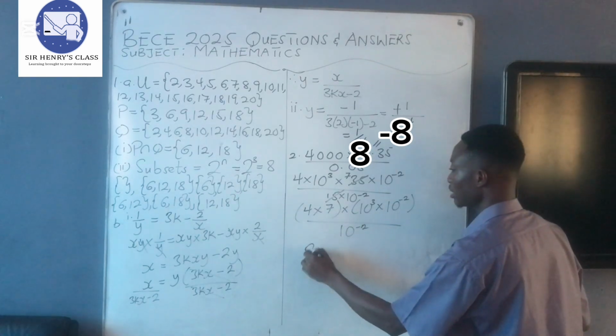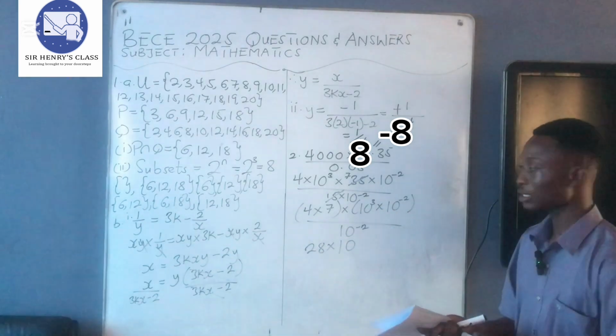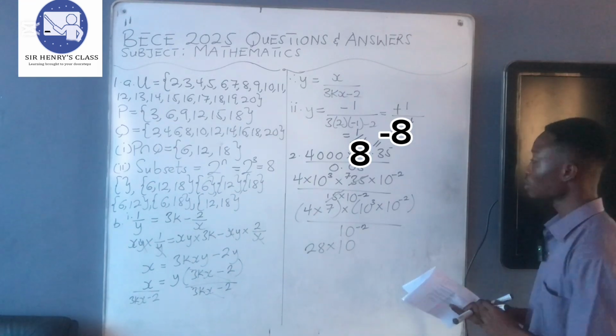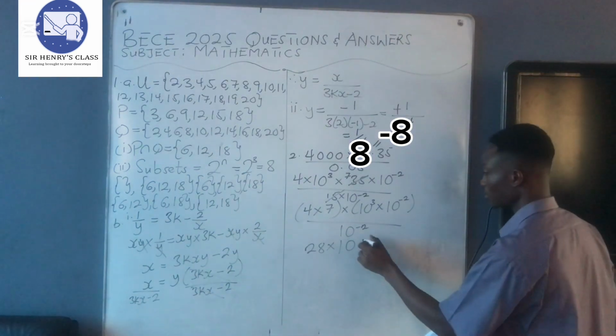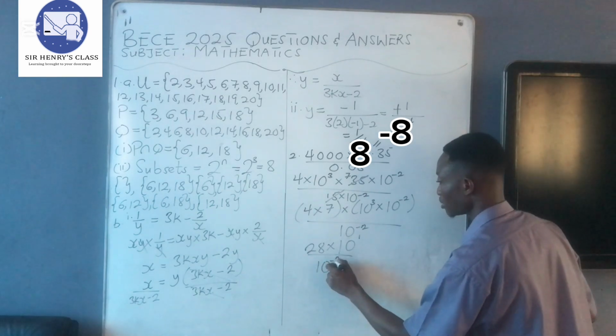Now we have 28 times. We recall from indices that when we have similar bases and they are multiplying, we add the powers. So 3 plus -2 is going to give us 1, divided by 10 raised to the power -2.